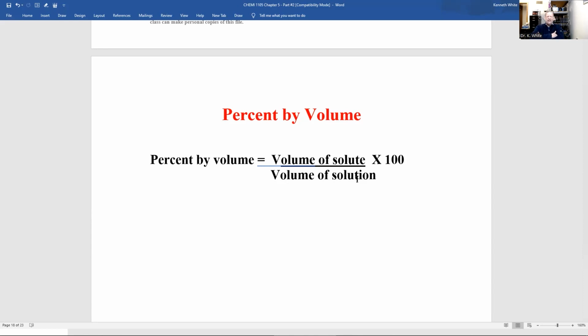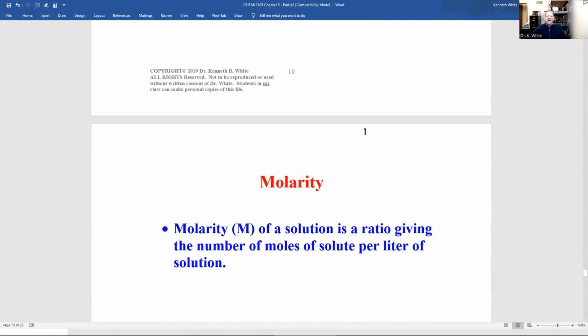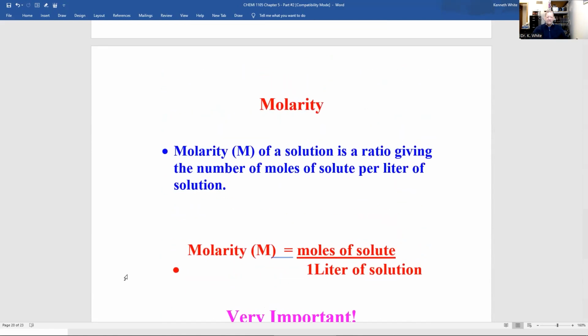The only place I can think of very quickly where you see percent volume is if you look at a bottle of wine, you'll have the percent alcohol by volume. And the higher the number, the higher the percent. They don't use proof on wine, they use percent volume. Again, click. And now for the most important one.